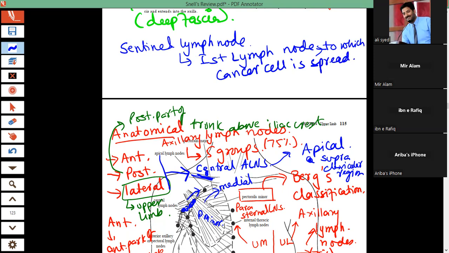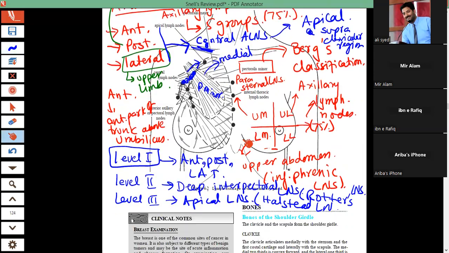For example, a tumor or cancer is in the breast region. Now it is spreading into the lymphatics. The first lymph node that becomes involved in the cancer is known as the sentinel lymph node. Clear to everyone? So lymphatic drainage is clear to all of you. This is clear?